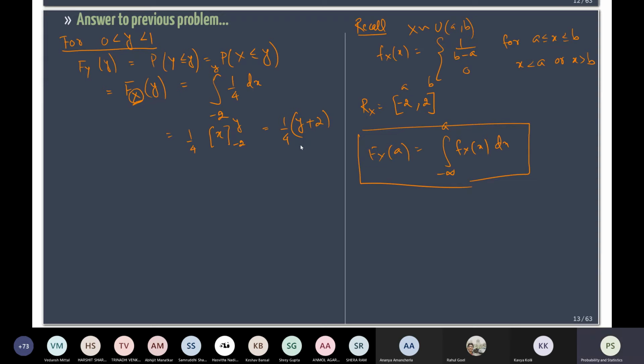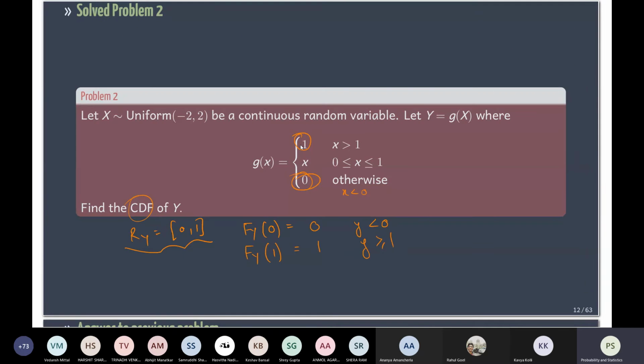So what else do we need? We have the CDF defined, and the point-wise values are already known. So we got the CDF overall.